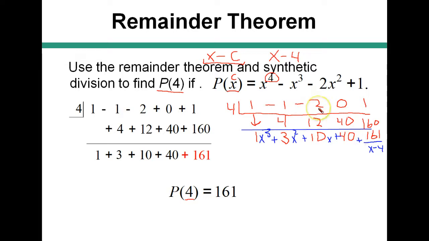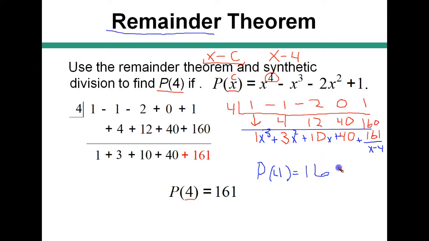But here they're asking for something special. They're saying the remainder theorem is when you have p of x, which we said that x is going to be a 4, that is going to be equal to, and again we're looking just for the remainder, 161.